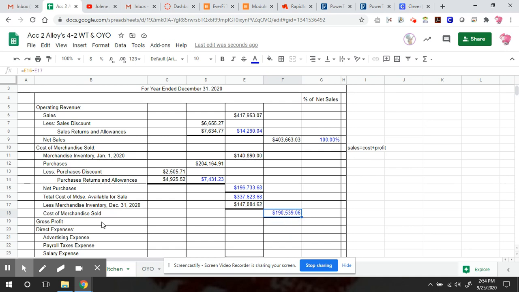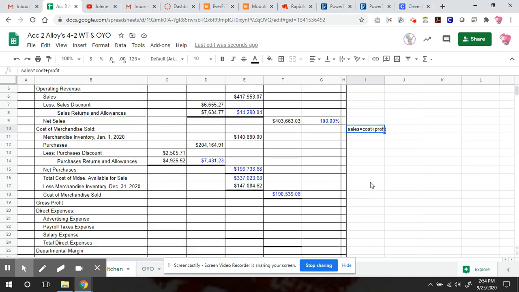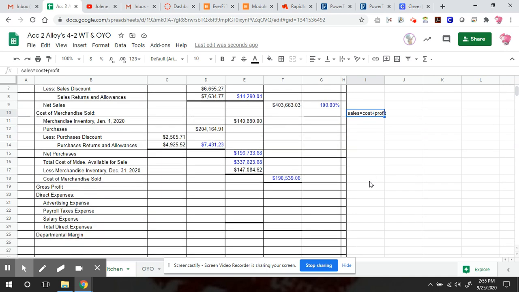We just found out how much it cost for what we sold. So that's this part right here, cost. This up here, sales, net sales, we'd already figured that out. That's right there. So going down this document, we're going to find out what the profit is. With this, we have to find out what percentage of sales it is. And if y'all remember in math, you have a numerator and a denominator.